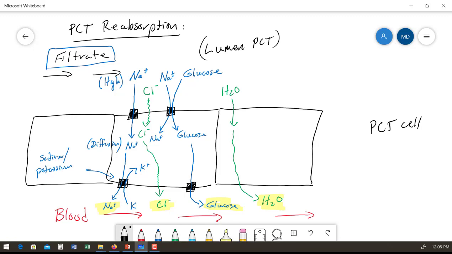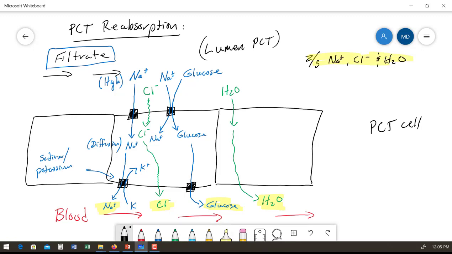In the proximal convoluted tubule, we will reabsorb, or recapture, about 2/3 of our sodium, our chloride, and our water. So we're getting a reabsorption of 2/3 of all of those.